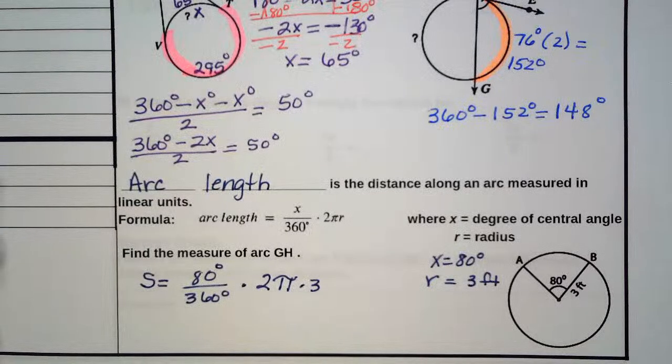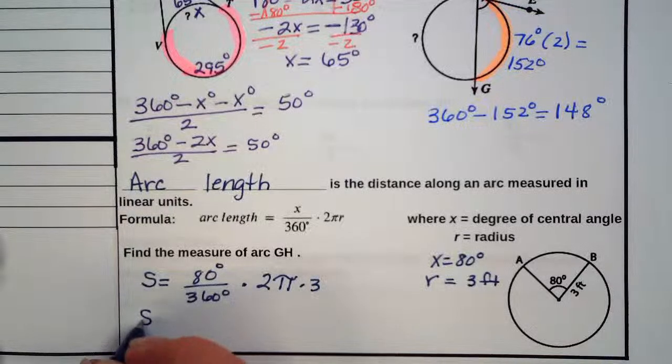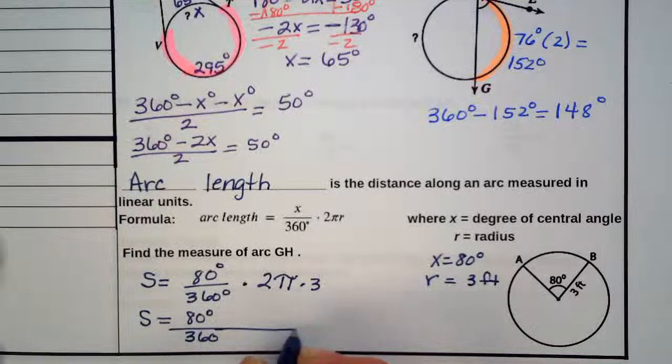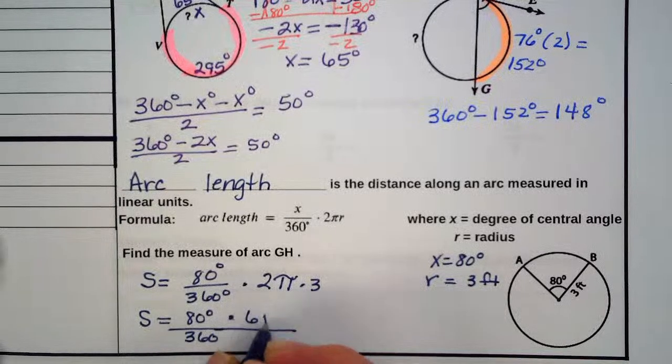Okay, so what's the next step? If you look, we've got 2 times 3 up here. So my arc length will be equal to 80 degrees over 360 degrees times 6 pi.